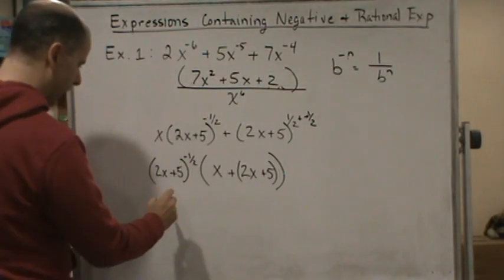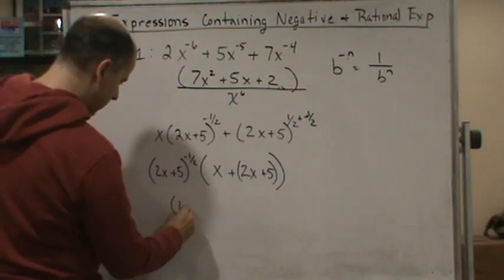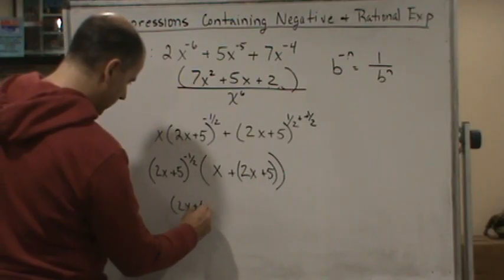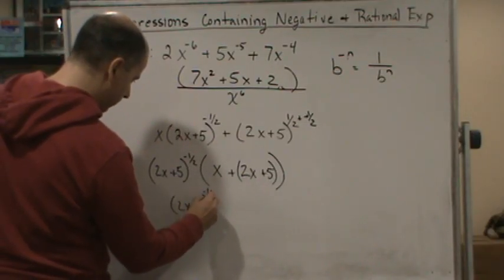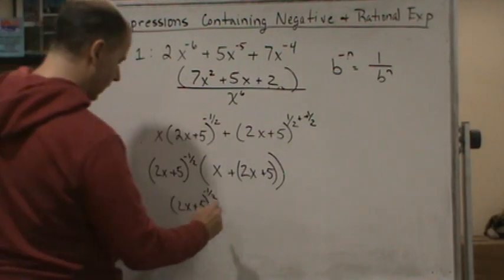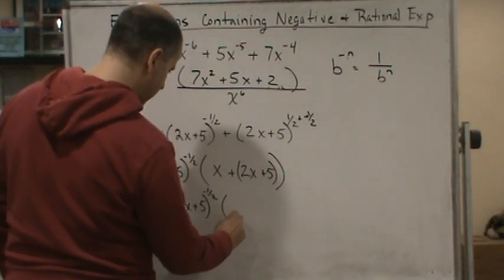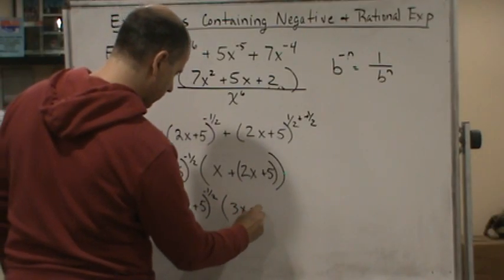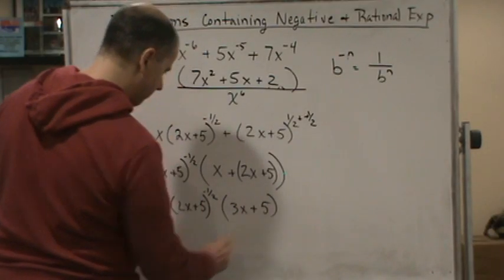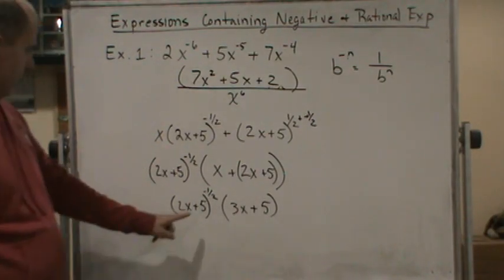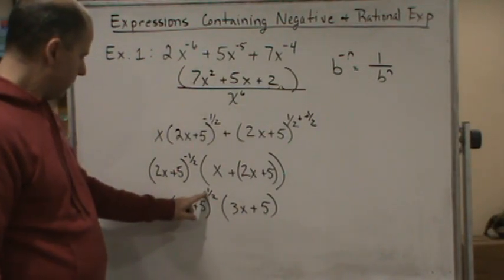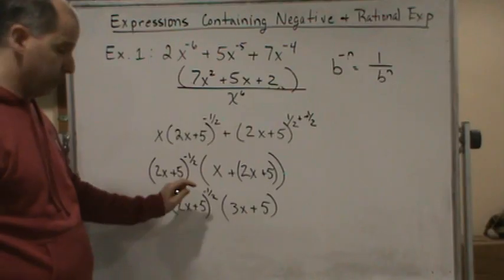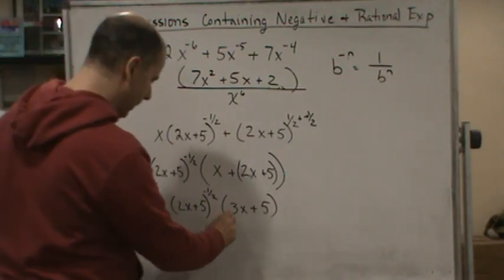Now I can simplify this, and this gives me 2x plus 5 to the negative 1/2, and then this becomes 3x plus 5. Now, the negative, I want that positive, so I'm going to bring it to the denominator.